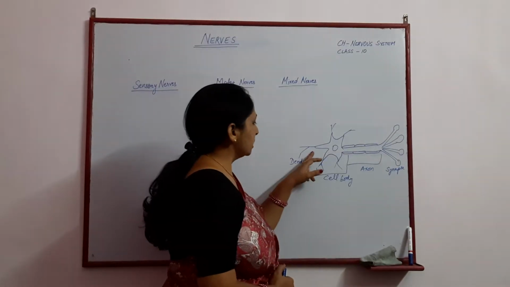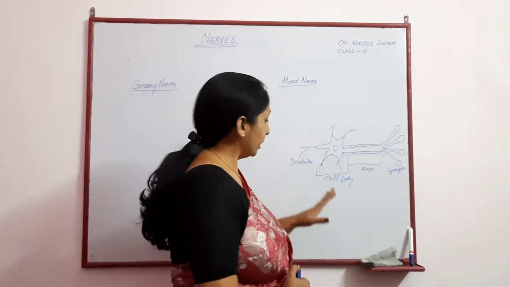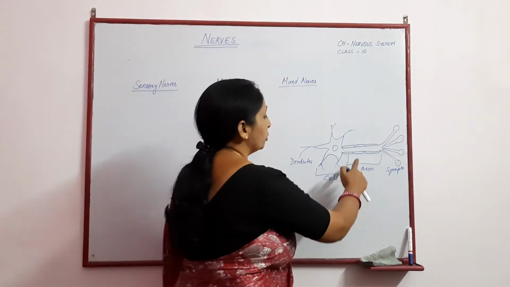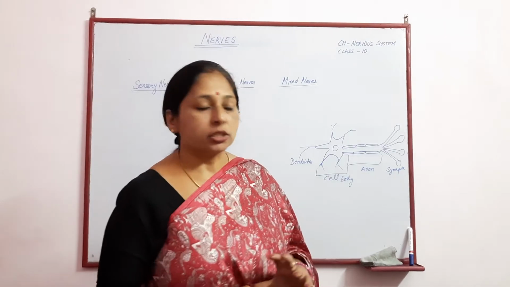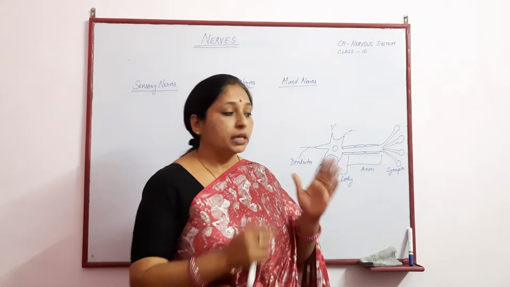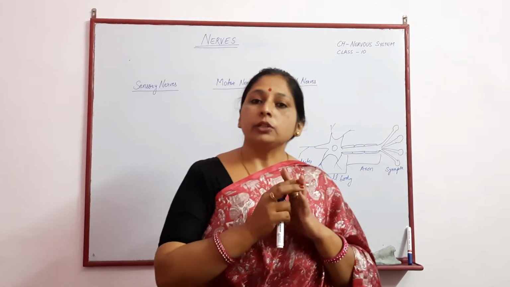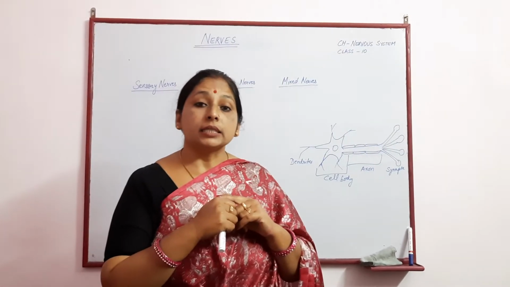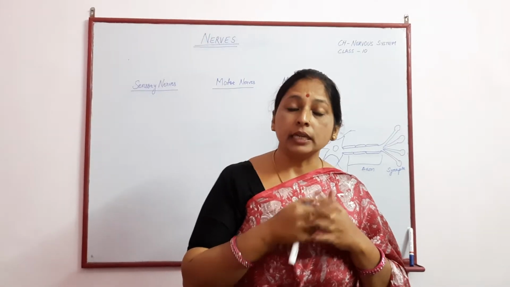It contains these hair-like projections, that is the dendrites, then the cell body which contains the nucleus, then this portion is the axon, and it ends in a bulb-like structure. The synaptic cleft, or synapse, is the junction between two neurons, which contains the neurotransmitter acetylcholine.